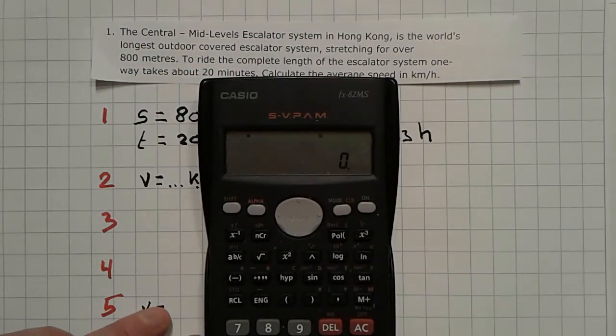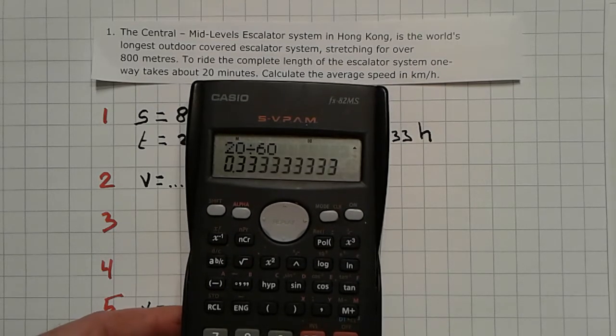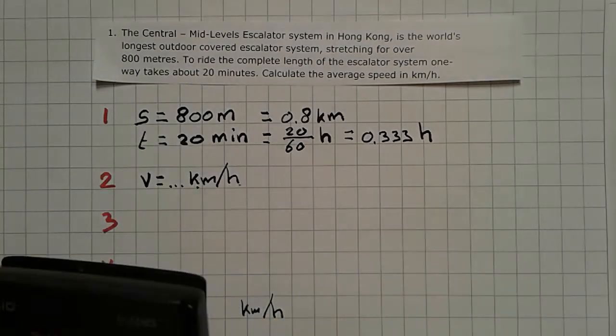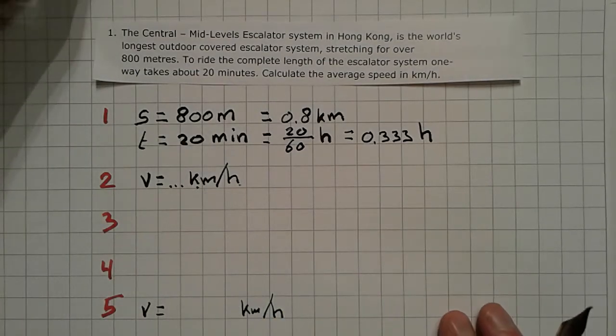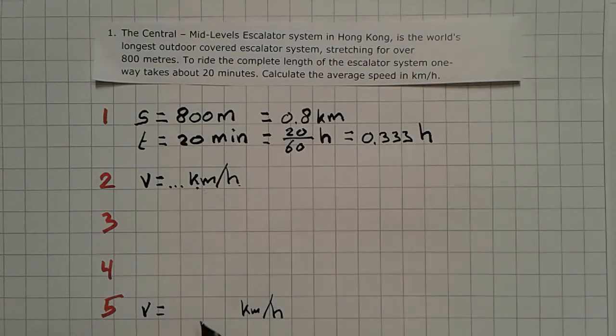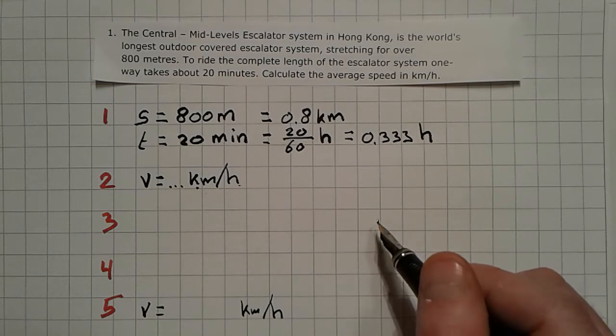I will show that on the calculator. 20 divided by 60. You see, it doesn't stop. We have to round the answer of this step, but make sure you have more figures here than you need in the end. So if you write down 3, that should be more than enough.